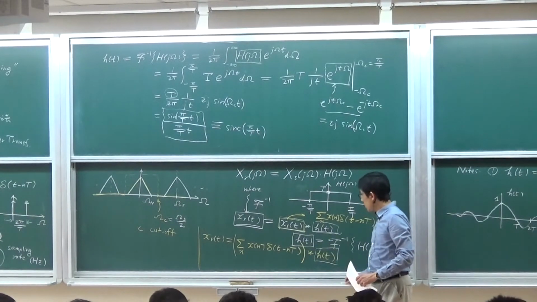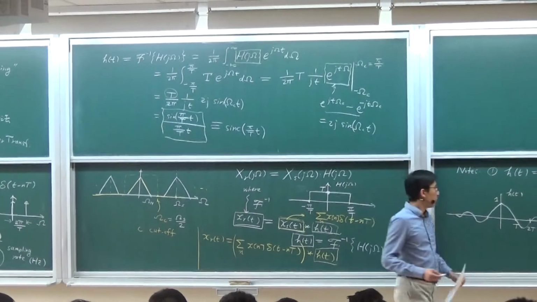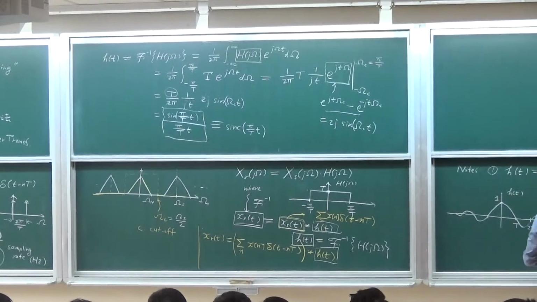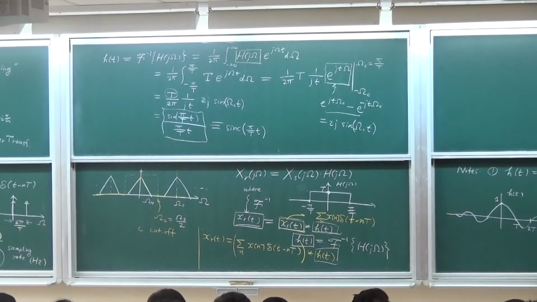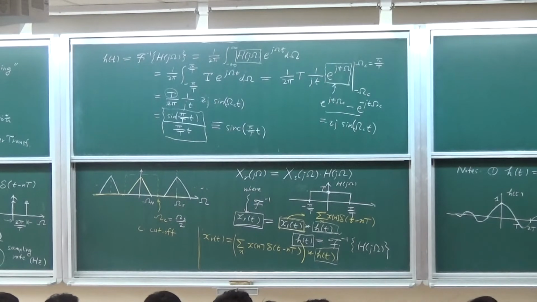If we do that, then the reconstructed signal is still a summation over all n of the sample values times h of t convolved with delta of t minus n times the sampling period.